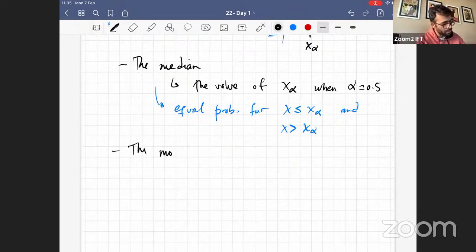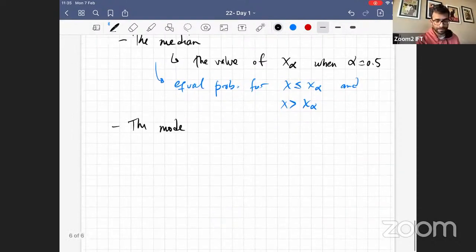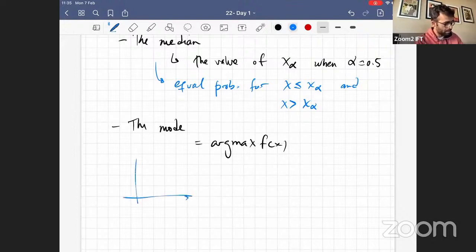Then there is the mode, right? The mode is just the argmax, I mean, the value of x that maximizes f of x. Right? And then, for example, you have here f of x, and this will be the mode here.